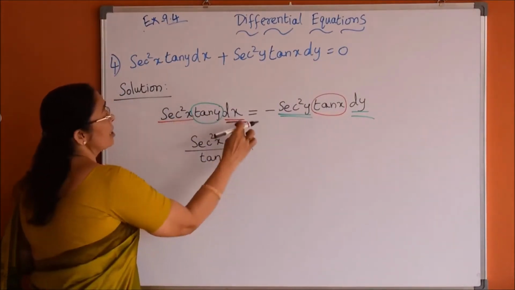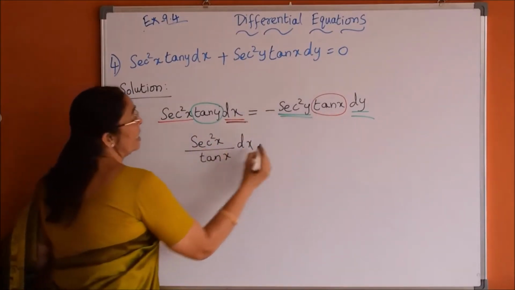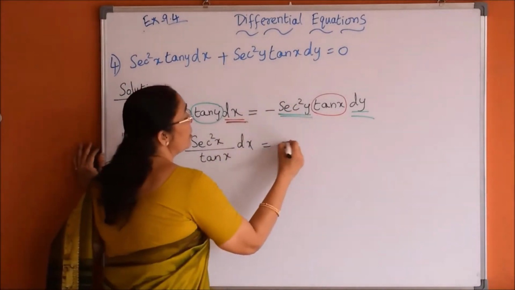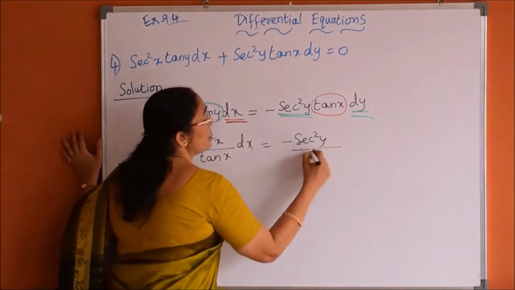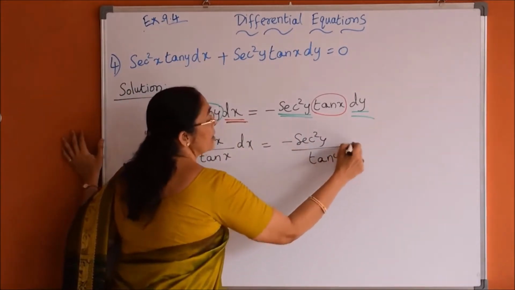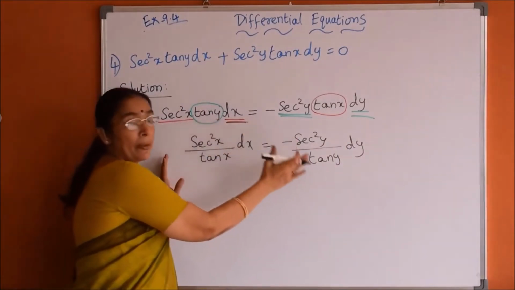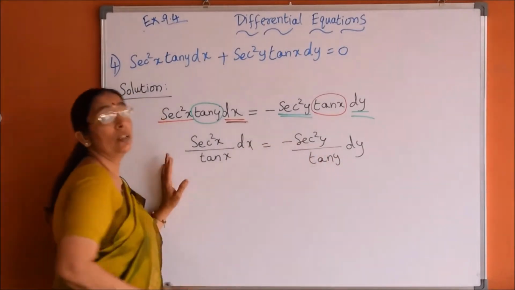Secant square x, this dx is here and tan x to the left hand side. Coming to the right hand side, minus secant square y, this tan y to the right hand side, divided by tan y dy. So now you can see the variables are separated. Left hand side we have completely x variables and right hand side y variables.